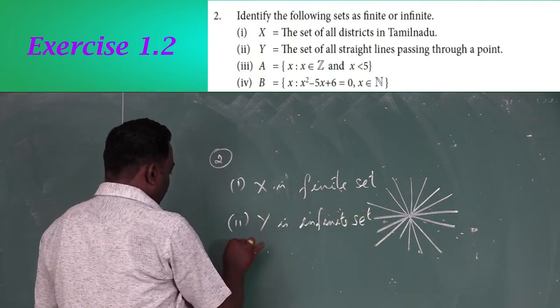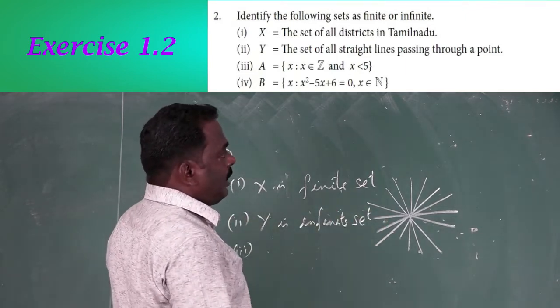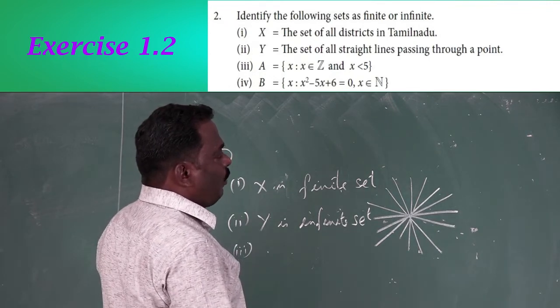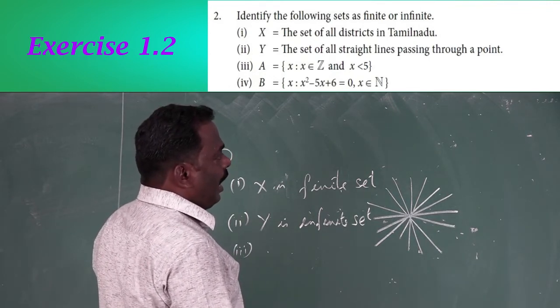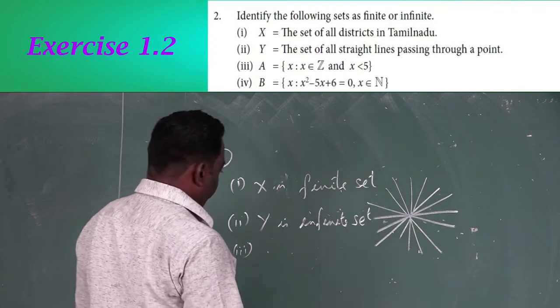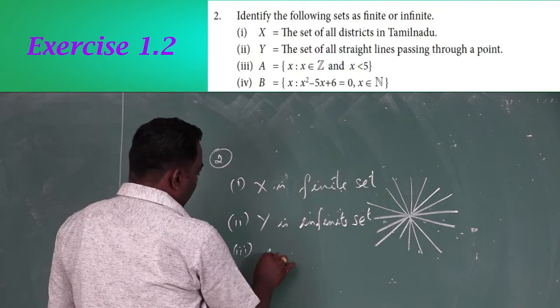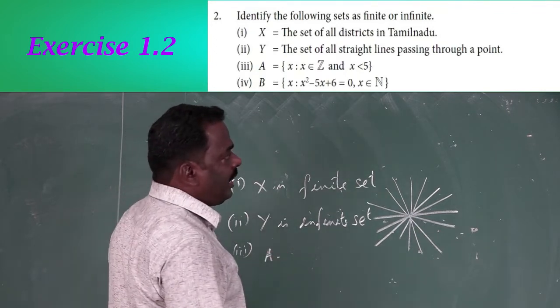Now come to the third one. A set A is defined by x such that x belongs to Z, the integers, and x is less than 5.